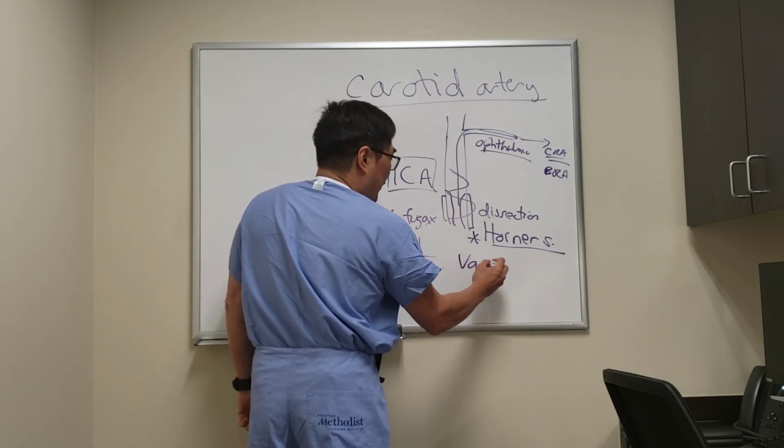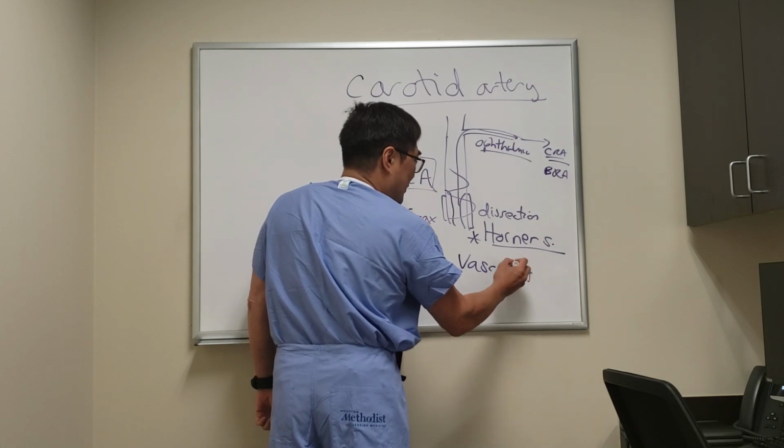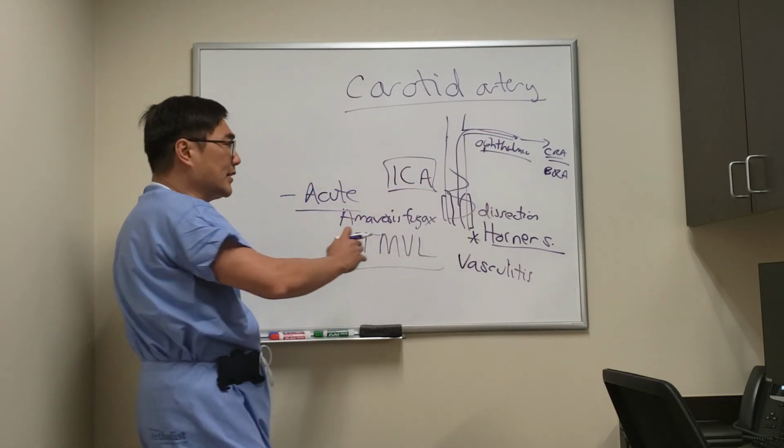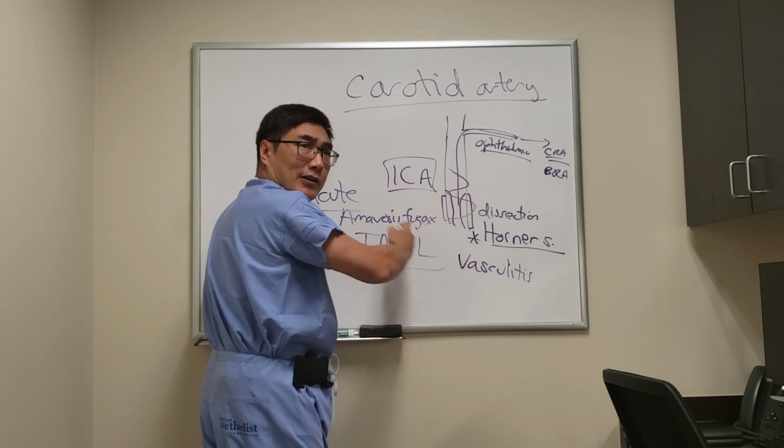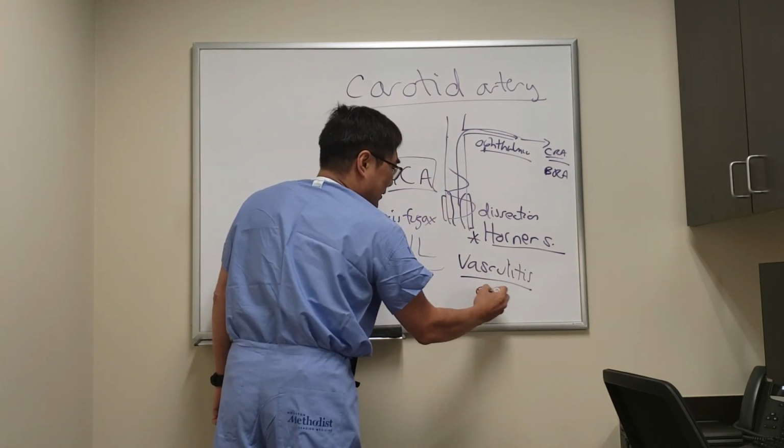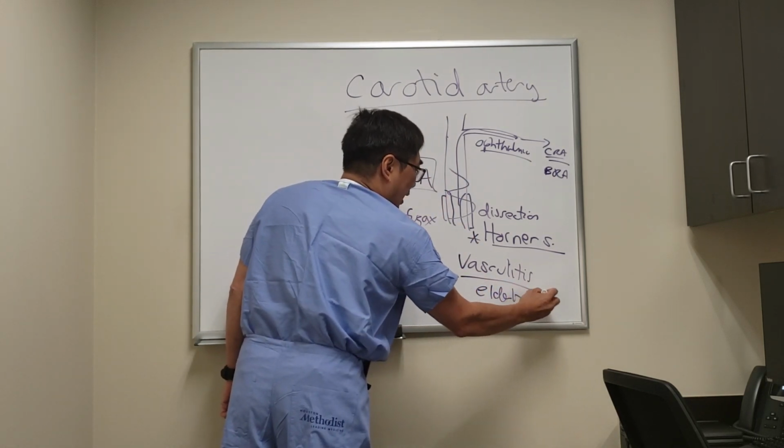And of course, vasculitis can also cause these same constellation of findings where the problem is on the outside of the artery. And the most common vasculitis that we see in elderly patients is giant cell arteritis.